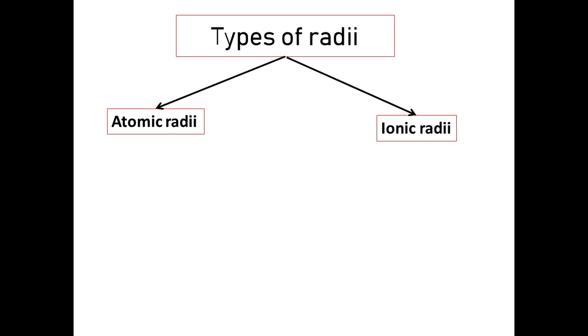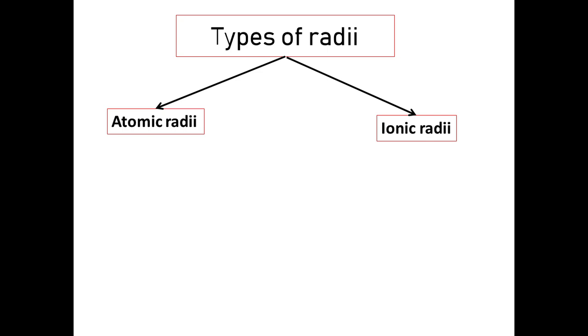This type of radii, atomic radii, is completely based on the radius of atoms which are bonded with the help of different kinds of interactions or bonds. Suppose two atoms are bonded with the help of a covalent bond, then the radius of the atom is called covalent radius.